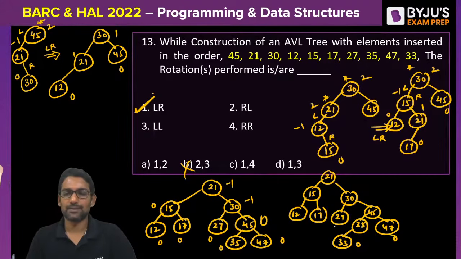Balance factors become -2, 1, 1 and -2. So 21 and 30 are being critical.